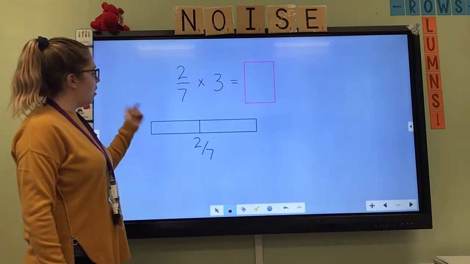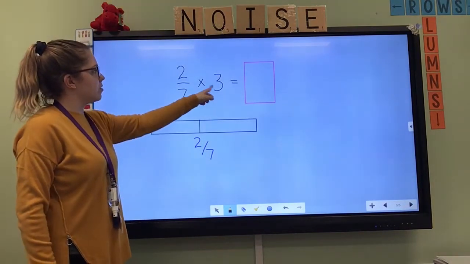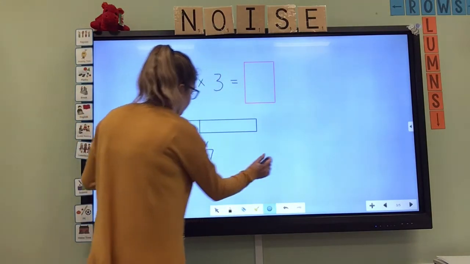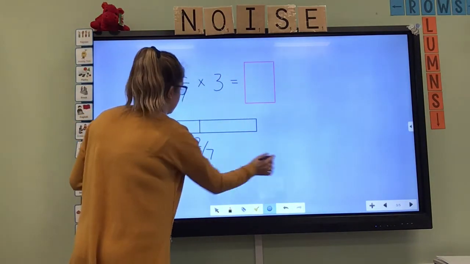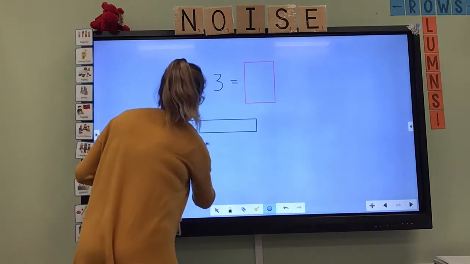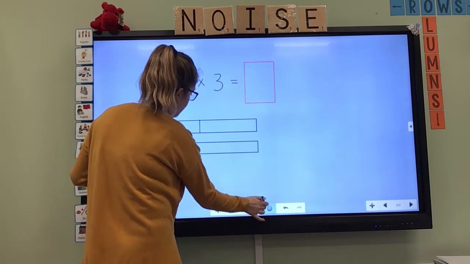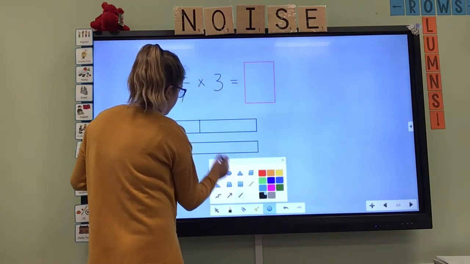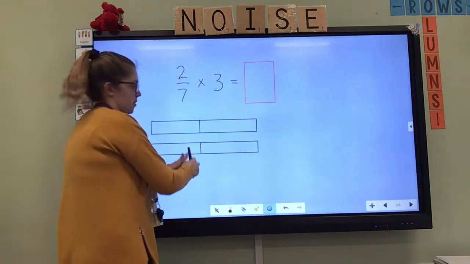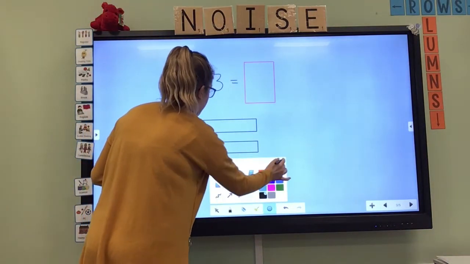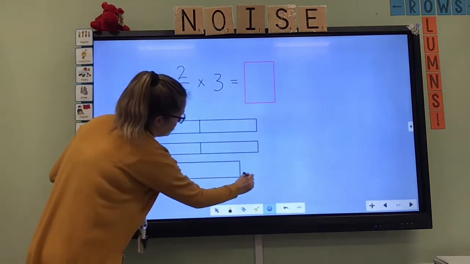And how many lots of those have we got? We've got 3 lots of those. So I need to have another group of 2/7, halving it because there's 2 of the same. And then that's another lot, but we needed to have 3 lots in total.